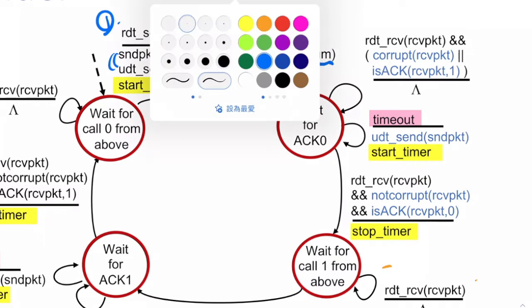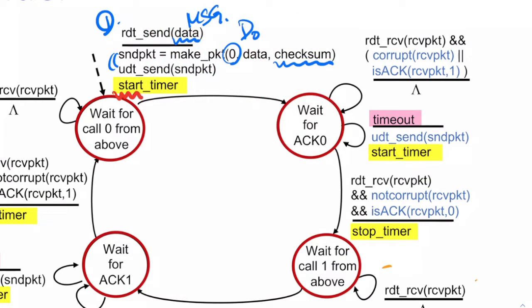But you have to notice that we need a timer to deal with the loss problem. So every time you send a data packet out, you have to set a timer for this data packet. For example, that is T0. We just write T0 right here.